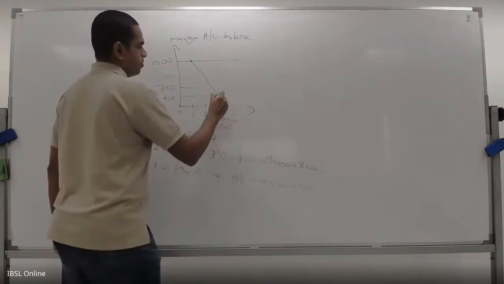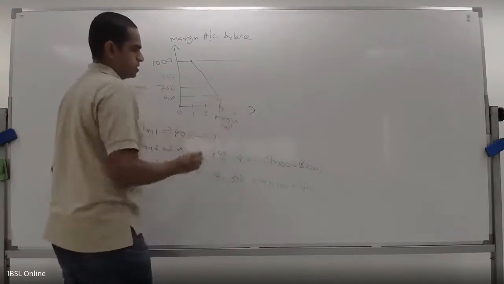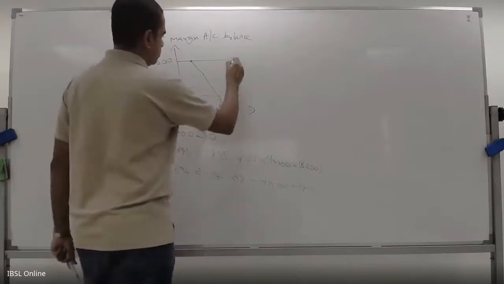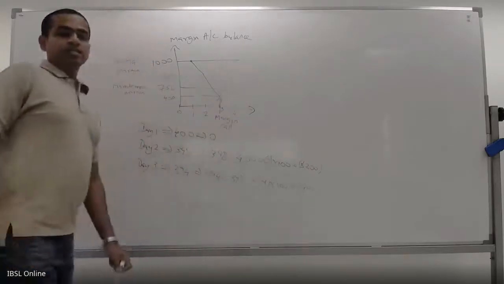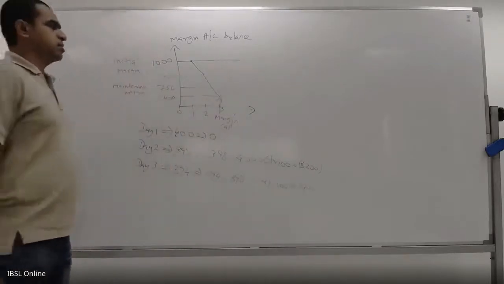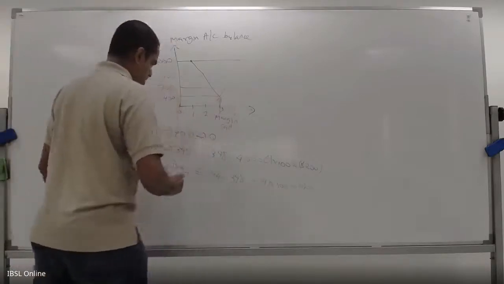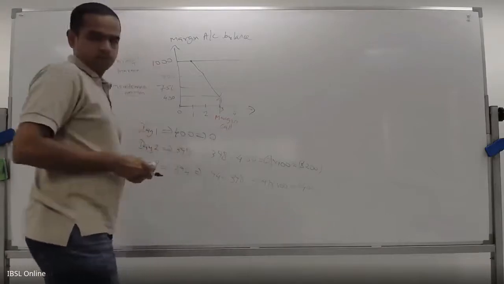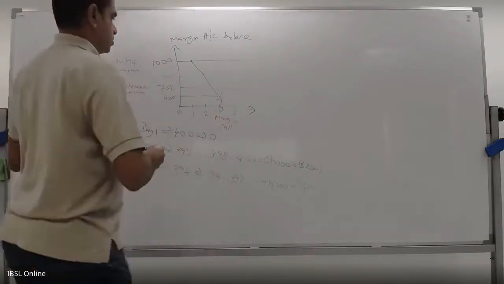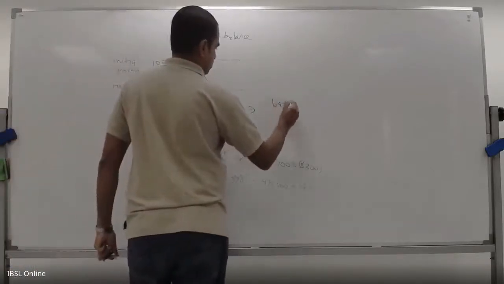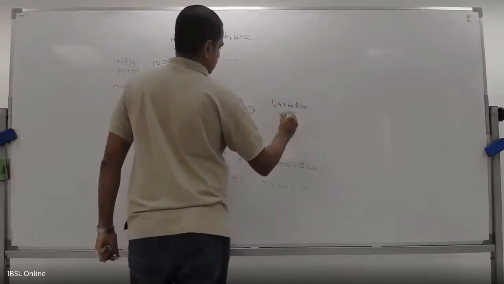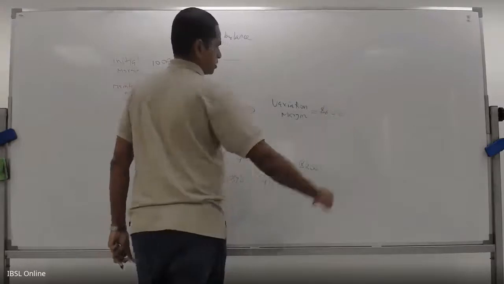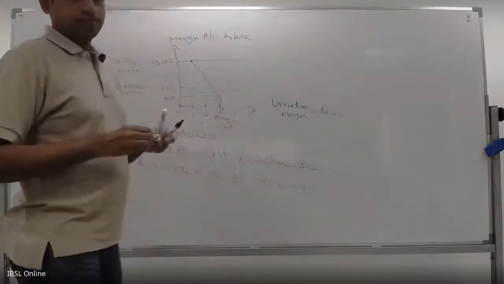And on day 4, he's supposed to top up his balance. The next day itself, he needs to increase the balance up to the initial margin, which means he has to deposit $600. So the variation margin is $600. He has to deposit $600.